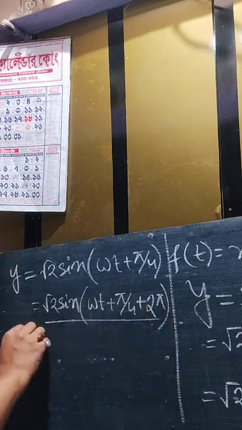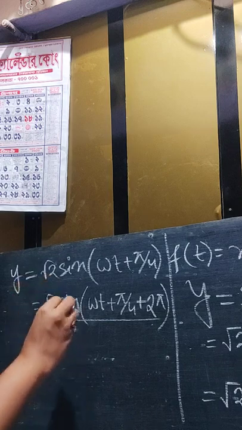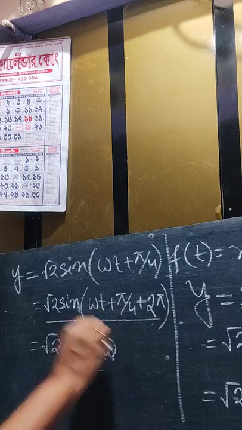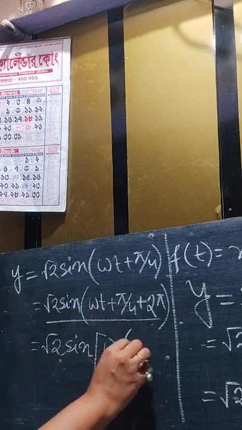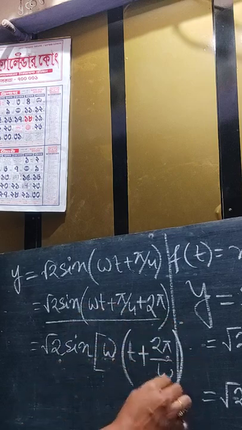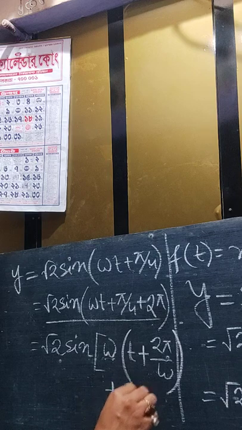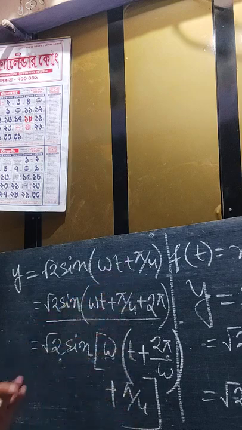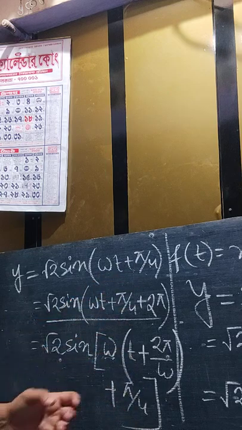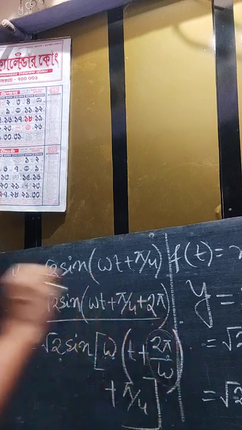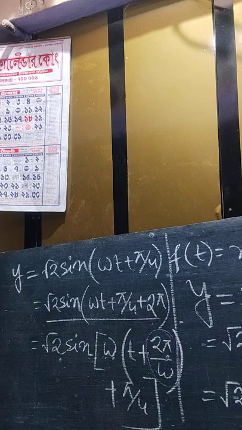Now from this expression I am writing root 2 sin, taking omega common, so the result will be t plus 2 pi by omega, plus pi by 4. Okay, so this is the derivation where the periodic time of this function is 2 pi by omega. Hopefully it is clear to all.